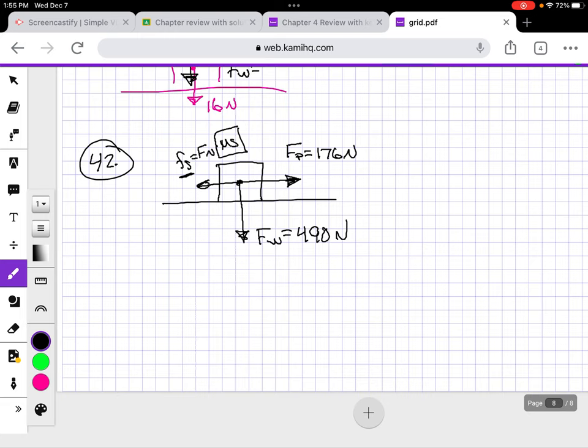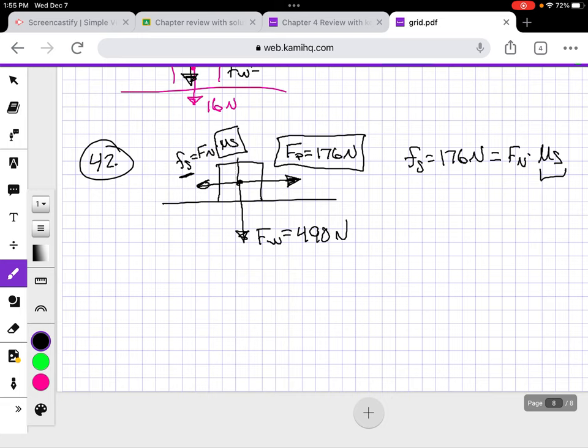Static friction is the point at which the frictional force is overcome by this force, so we set them equal. If your static frictional force is equal to 176 newtons, we set that equal to force normal times mu s. We're going to solve for mu s, but we have to figure out what force normal is.